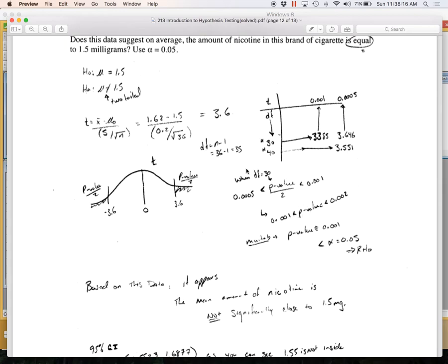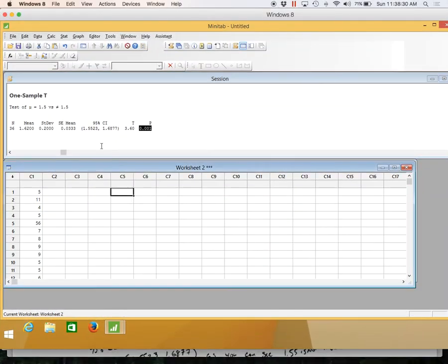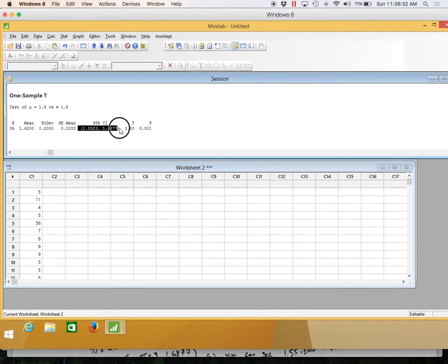Okay, so here, when you're doing it by hand, you have to do the multiplication by 2 when it's two-tailed. When you're using Minitab, you do not have to. As long as you told Minitab that it was two-tailed, it has already done that for you. The other thing to note, because we've got a two-tailed alternative, we get a confidence interval instead of a confidence bound. What does this say?